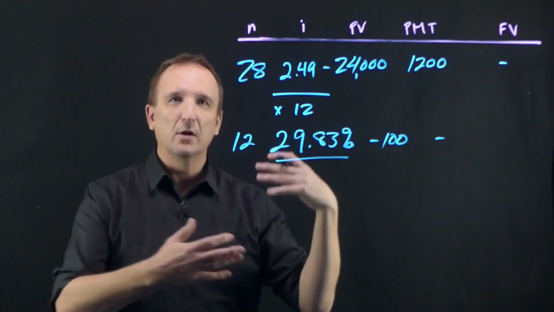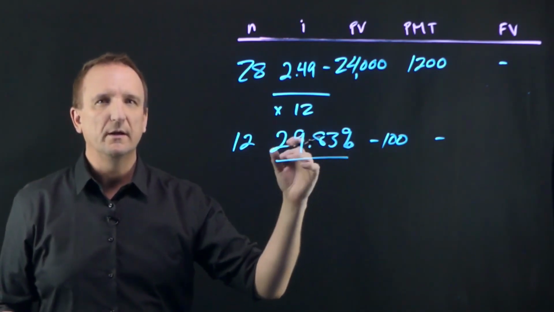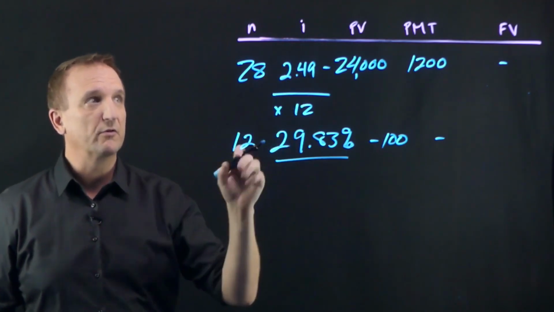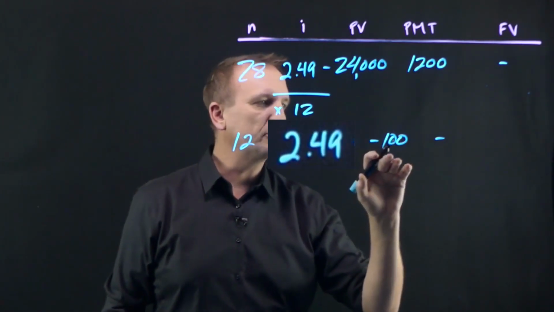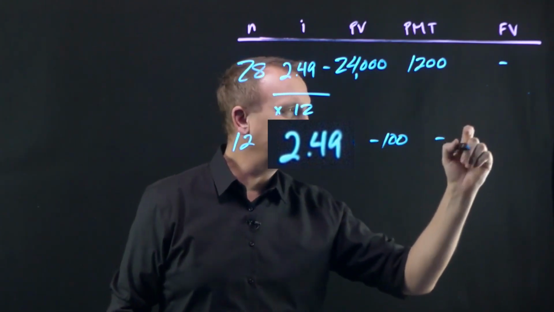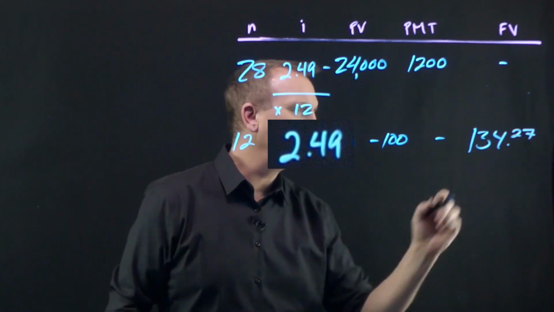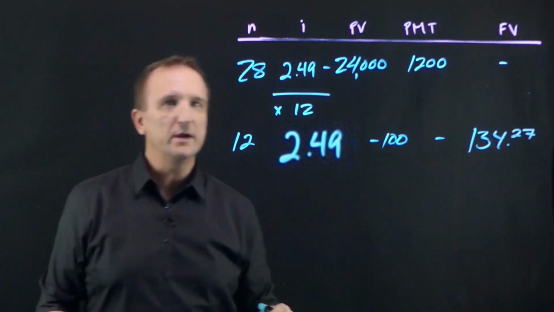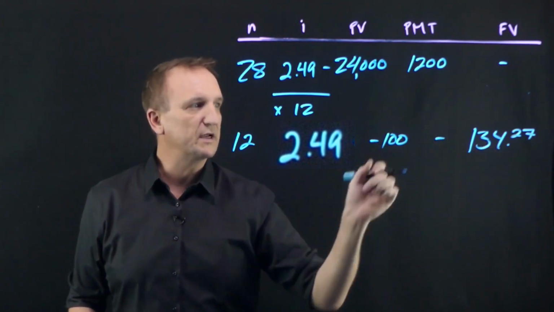You can either work backwards with your calculator and put in this 29.83 and then divide it by 12 to get your monthly rate back in there, and then use a $100 investment. When you solve, you're going to get 134.27. Because we did it with just $100, we can tell that we're going to make $34.27.